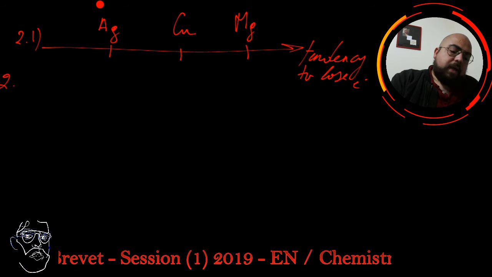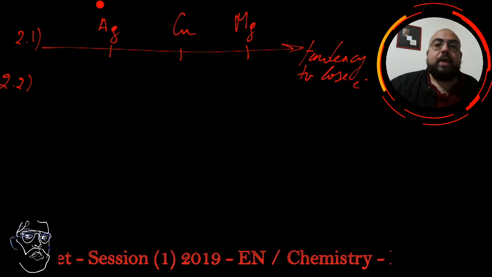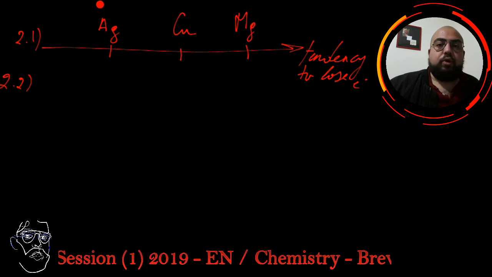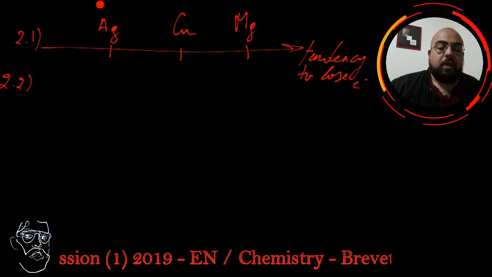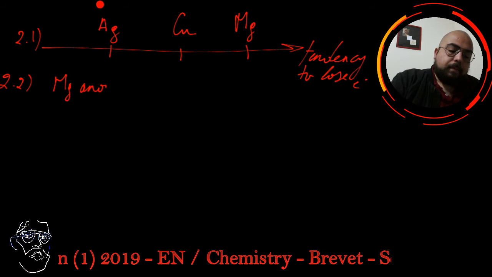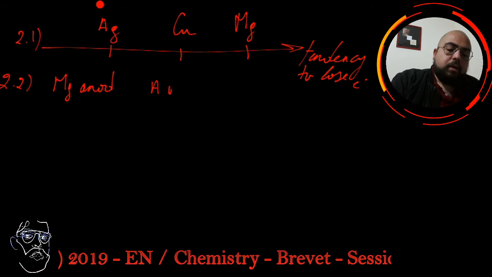I'm constructing a cell formed by Mg and Ag. Since Mg has a higher tendency to lose electrons than Ag, Mg will be the anode, and Ag will be the cathode.